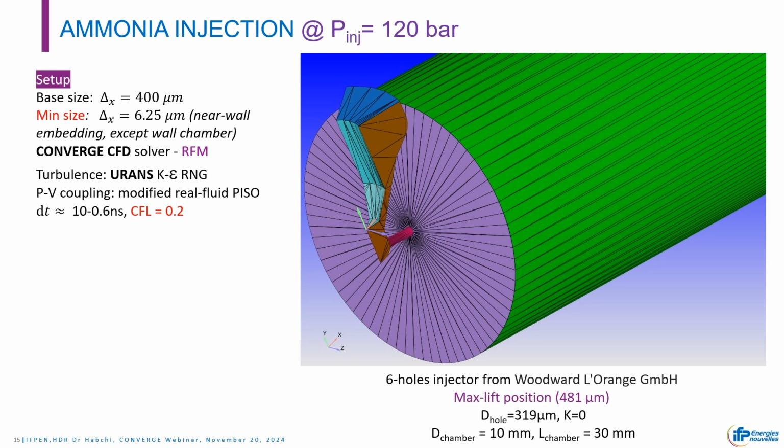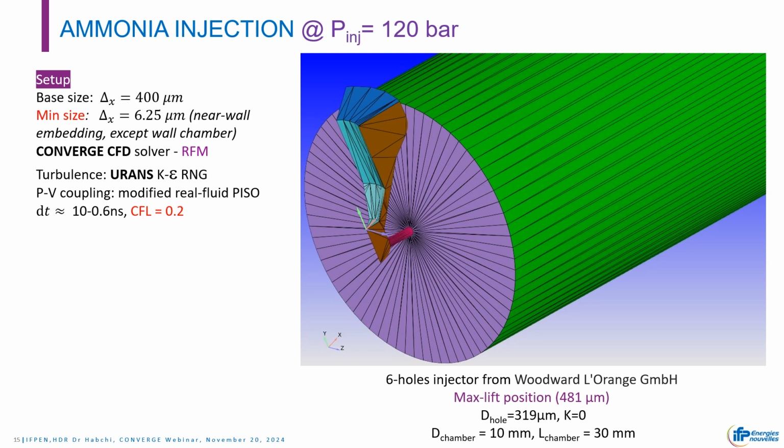The diameter of the hole is 319 micron. It's a straight one, k equals 0, and the needle is fixed at 481 micron.